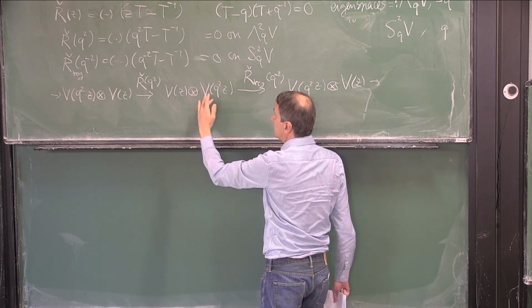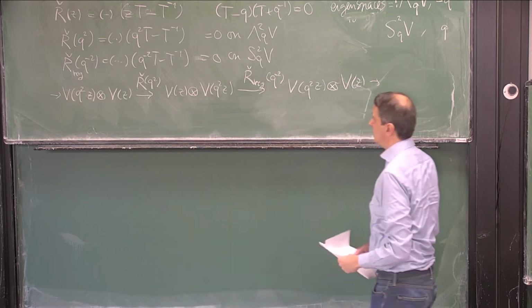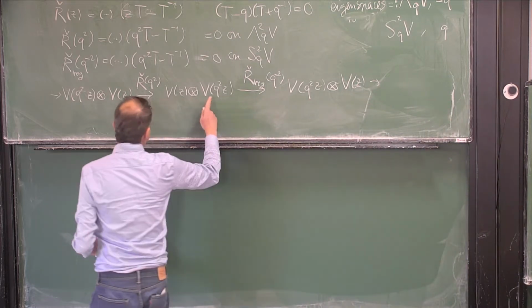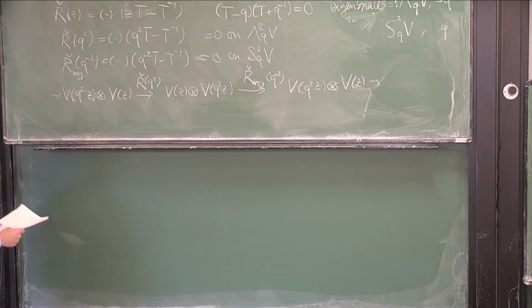The kernel and the image are sub-representations, which I can define as, again, the exterior power with spectral parameter or symmetric power.